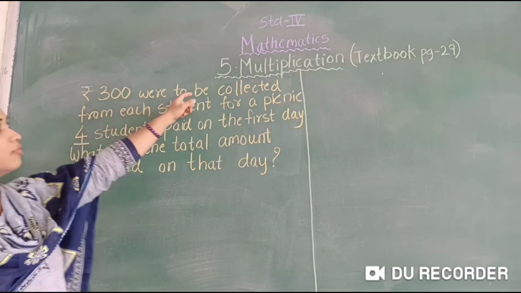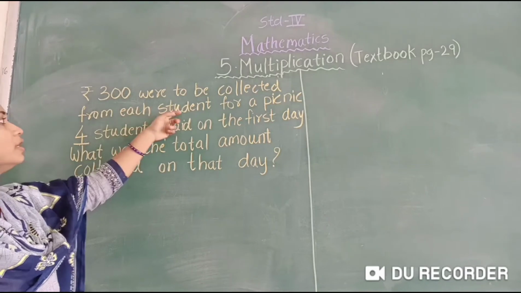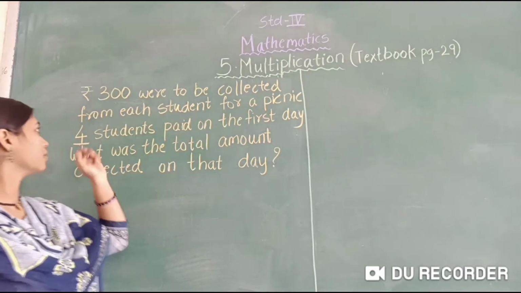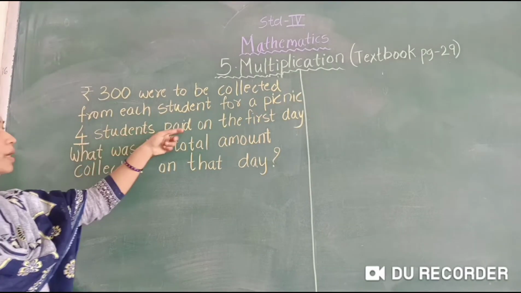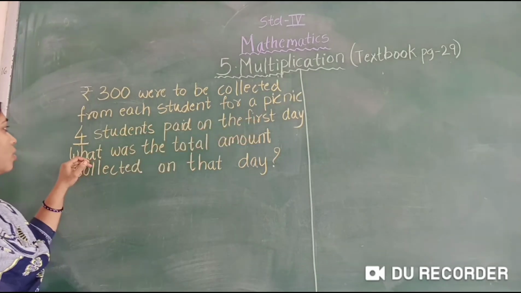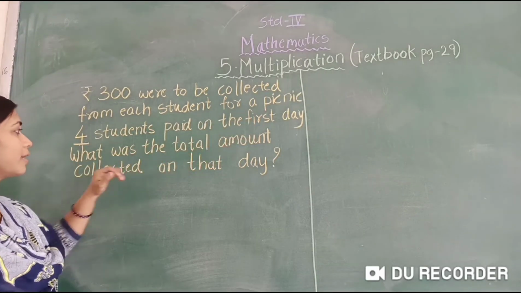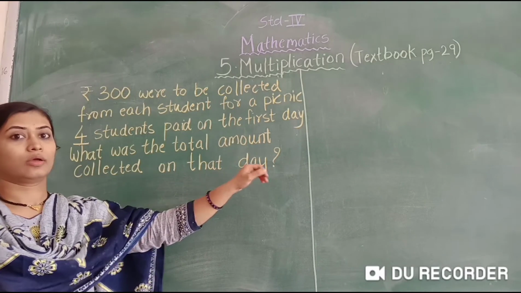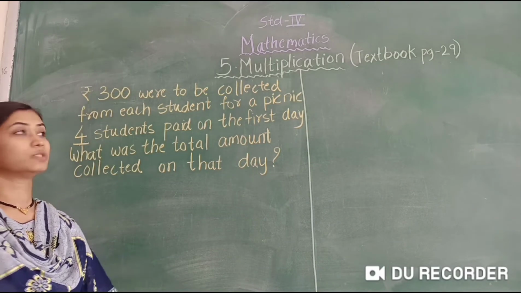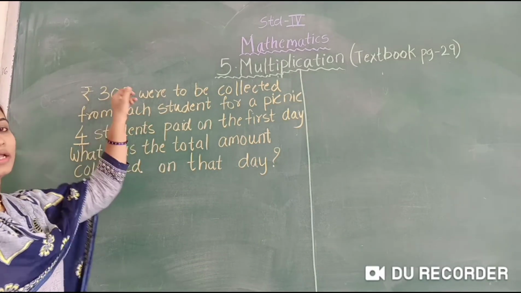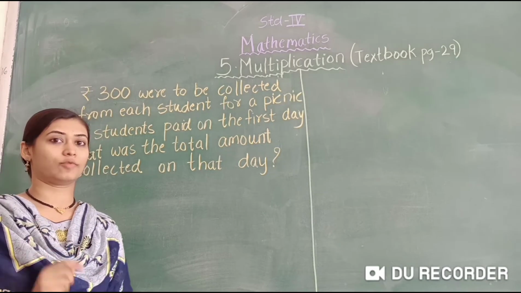Rupees 300 were to be collected from each student for a picnic. 4 students paid on the first day. What was the total amount collected on that day? What does this mean? This means they were collecting rupees 300 from each of the students.